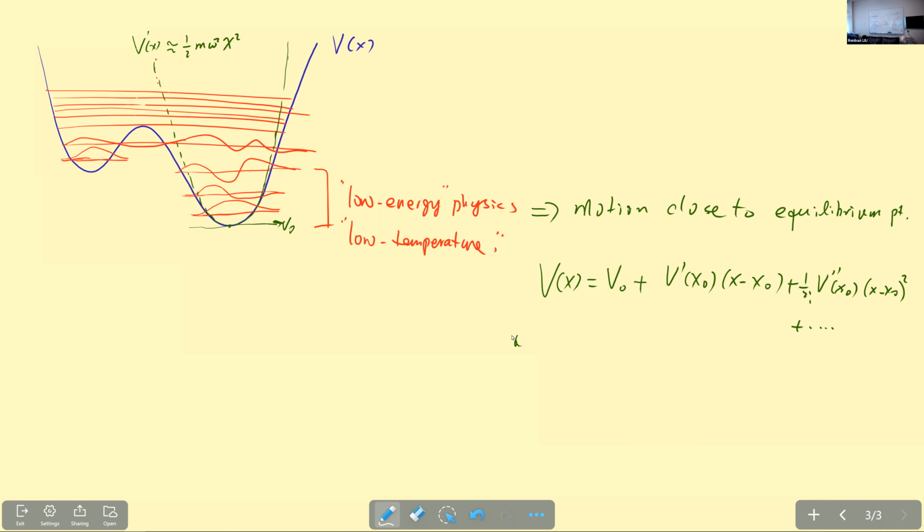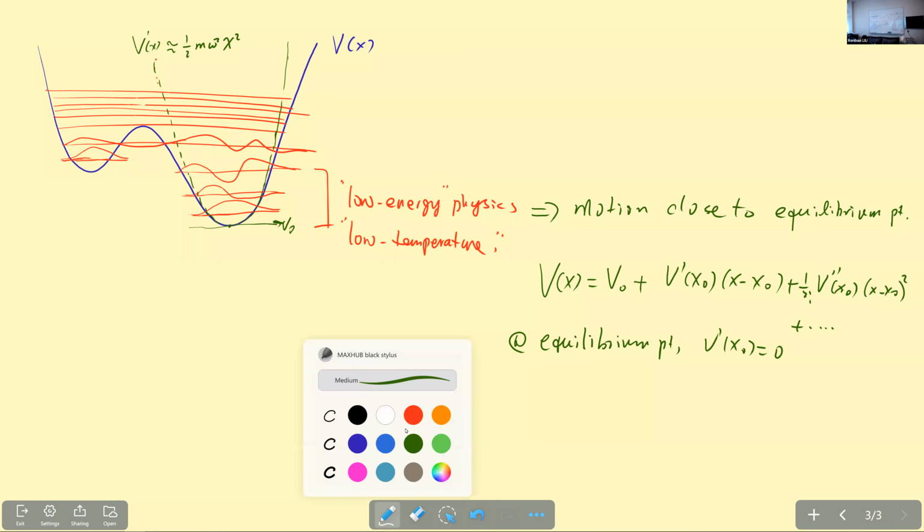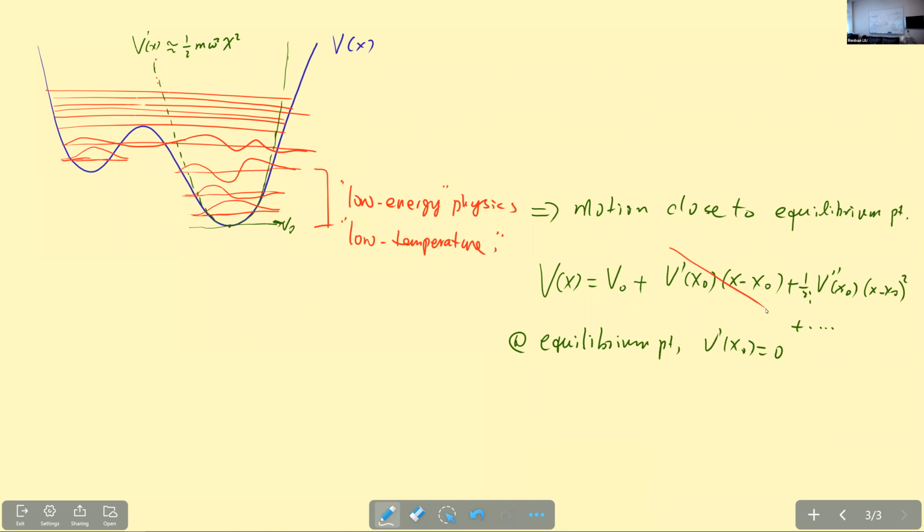So at the equilibrium point, we must have V prime (x0) equal to 0, right? So that means we can just have this term crossed out.